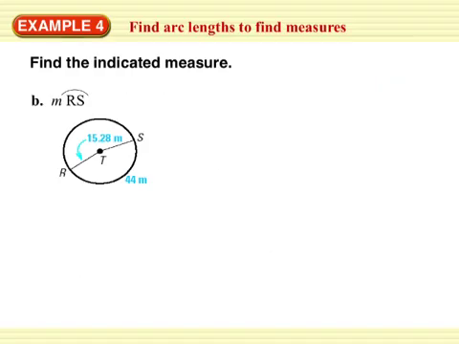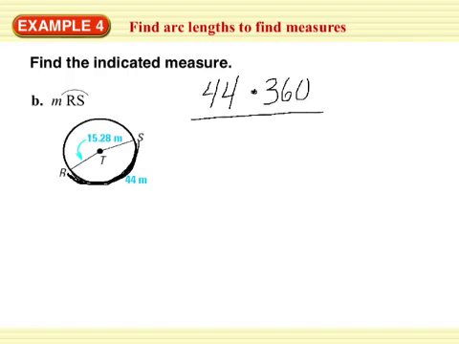Find the indicated measure. We're going to try to find the measure of the degrees of RS. We know the length of the arc, which is 44, and we know the radius. So we're going to use that equation we just rearranged. The measurement of the arc times 360 divided by, we don't know the arc length, we're trying to find it.